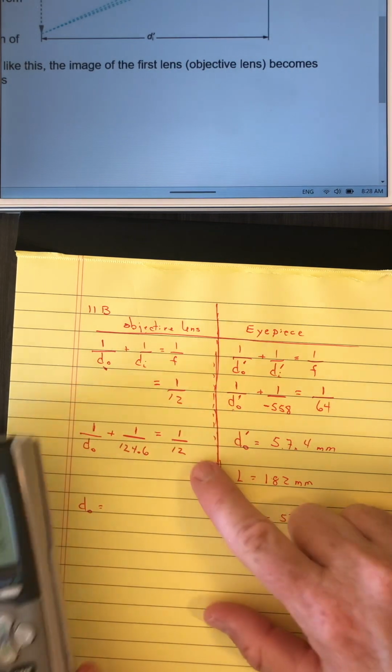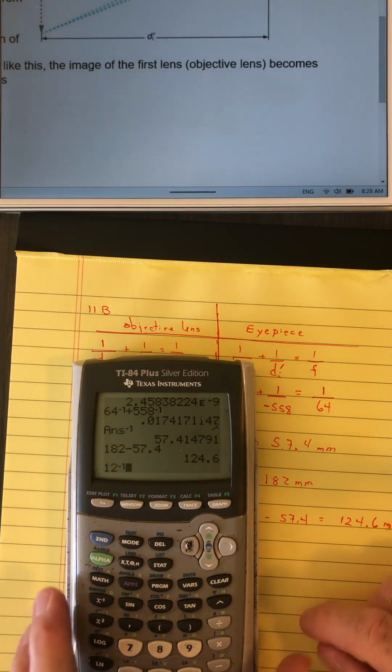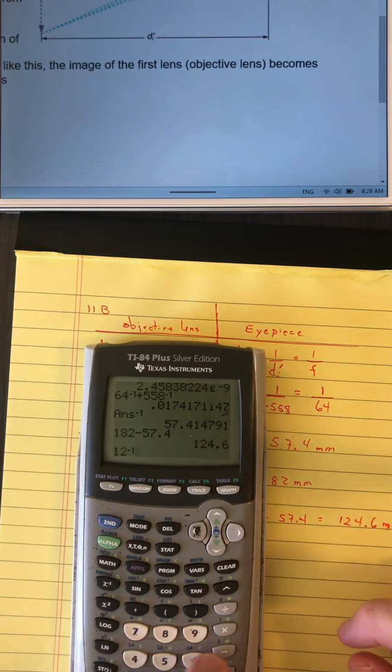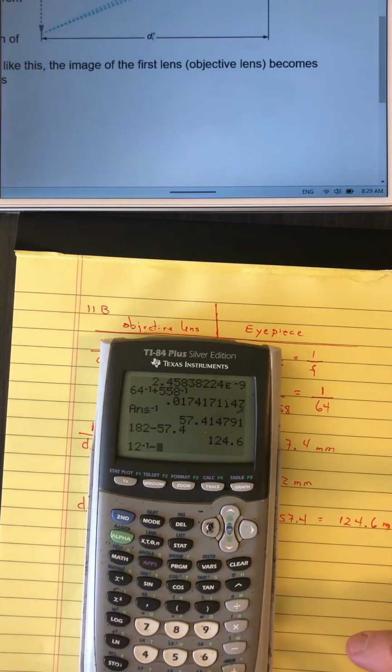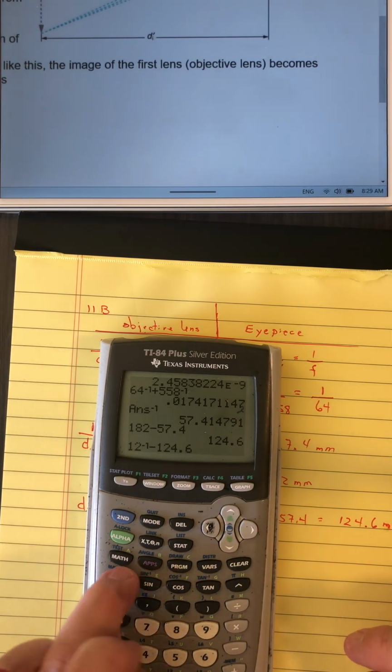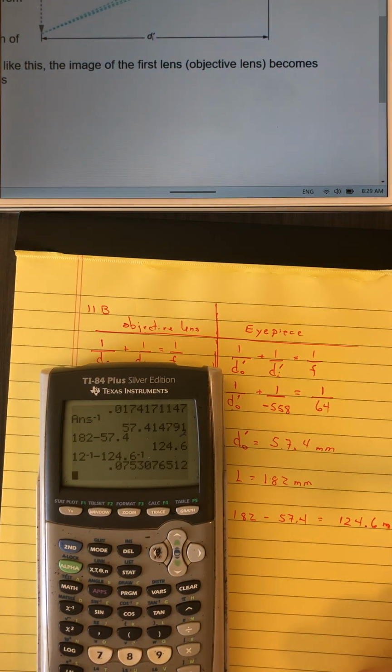Let me take the reciprocal of 12, and if you imagine moving this to the other side, I'm going to subtract off the reciprocal of 124.8. If I hit enter, that's the reciprocal.